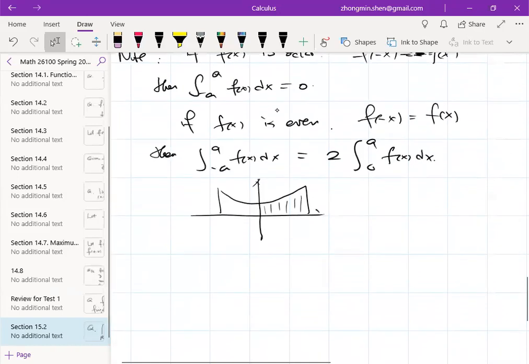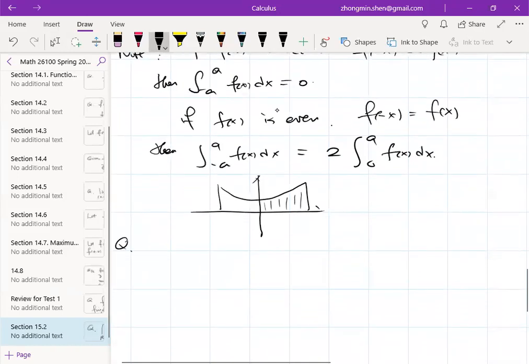Right, so now let's take a look at another problem. Another problem is going to be the double integral of x dx. So what is the domain?